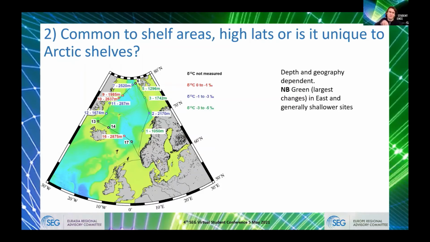And is this project unique to this part of the world, or do you know of other places in the world where they have conducted similar studies? I think it's pretty new. It's new to people. When they went in 2018 and found this very negative delta C13, they were very surprised.